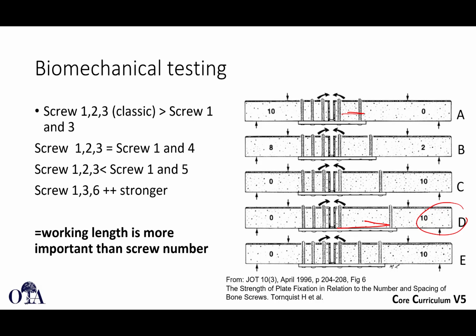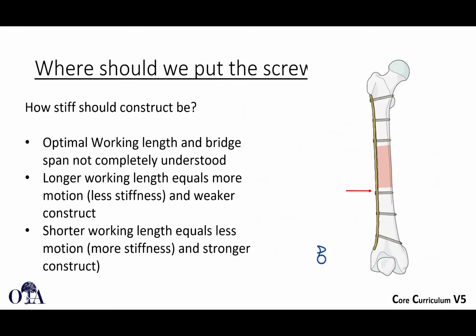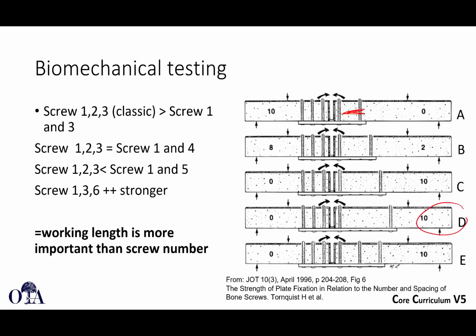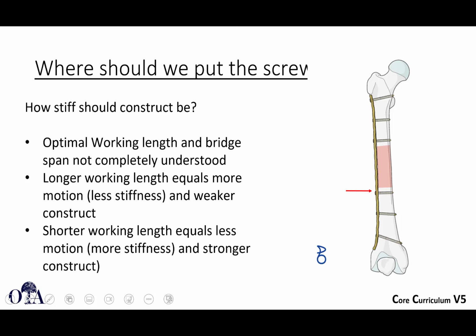So this can tolerate much more deformation, and the stress is distributed much better across here with a longer working length than with this short working length. So that's what's more important. Because here, you can put in another screw, but you're still going to have an area of high stress at that screw right there that you can avoid by doing a longer plate.